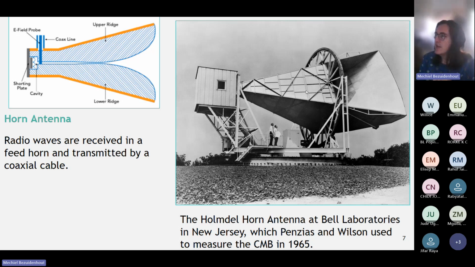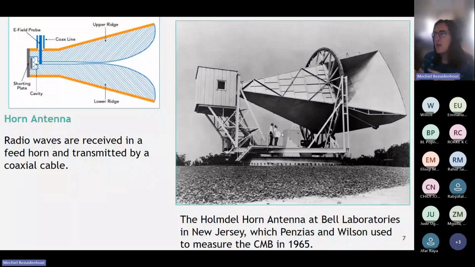They used this gigantic horn structure. And you can see that there's a wheel surrounding the horn, and that wheel allows it to turn. So the horn could be rotated up and down to point at different regions in the sky, and that's how they mapped the CMB. That's very cool.